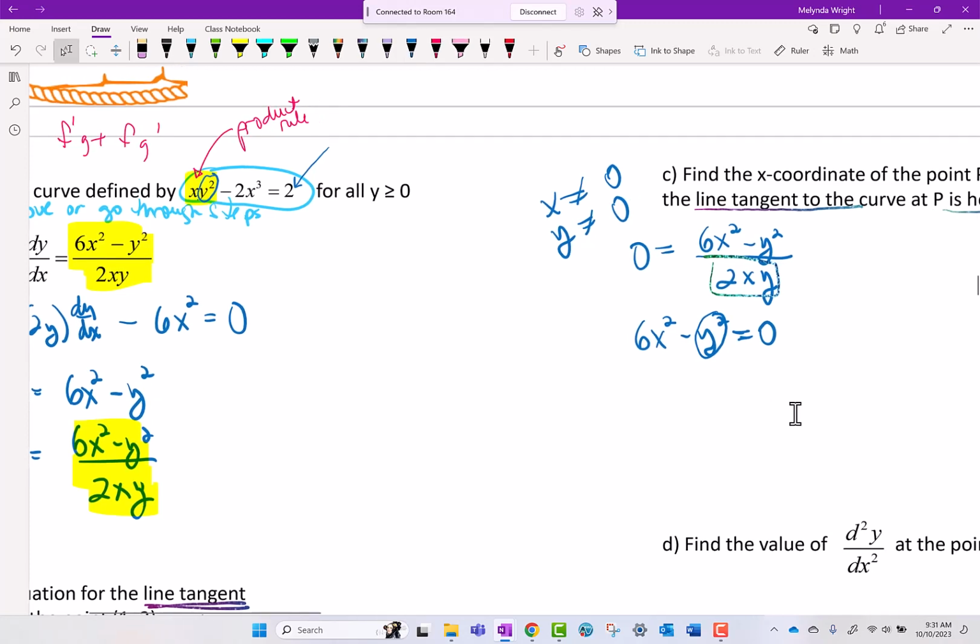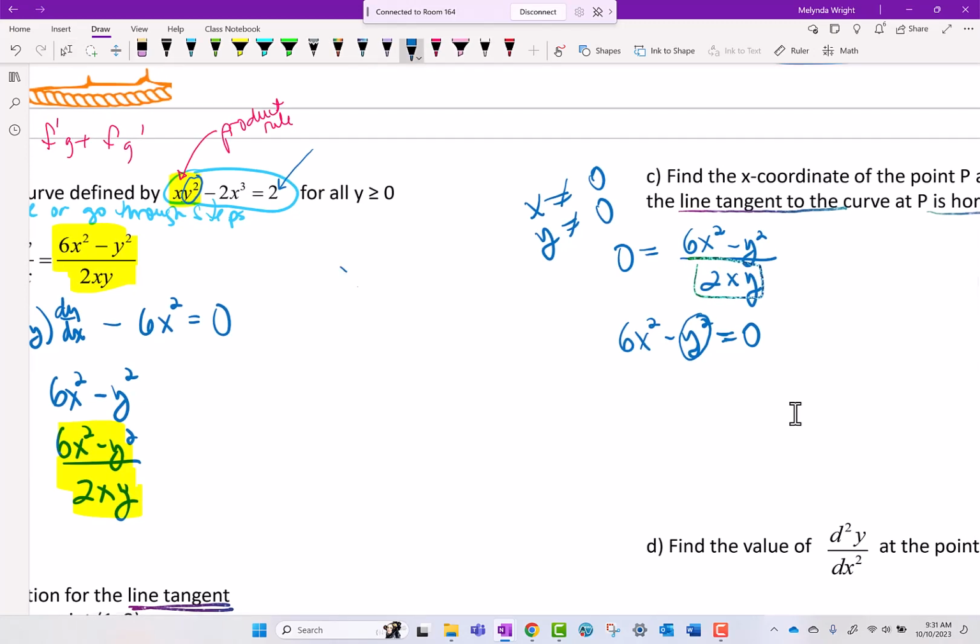We're going to take this equation, y squared minus 2x cubed equals 2, and we're going to solve it for y squared so that we can get rid of that y squared. We want one variable so we can solve. And yes, this is a College Board question. They expect you to be able to know how to do this.